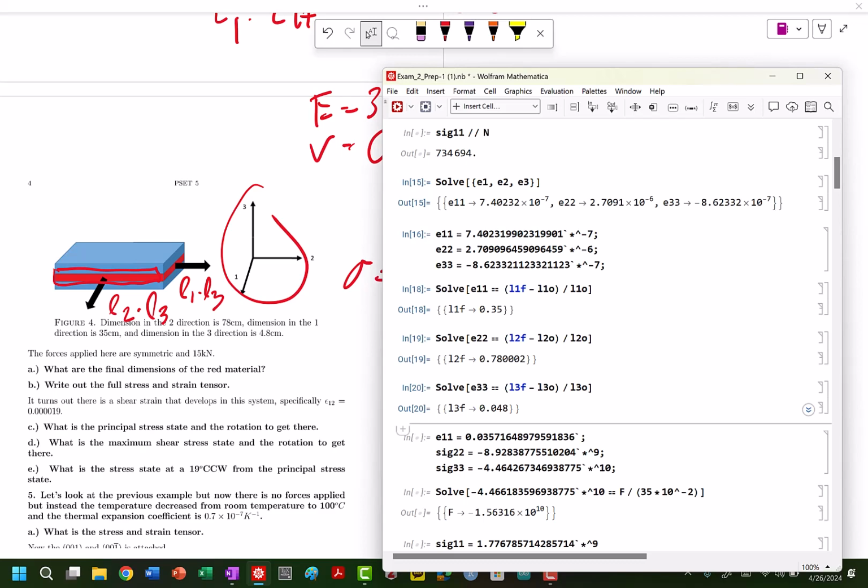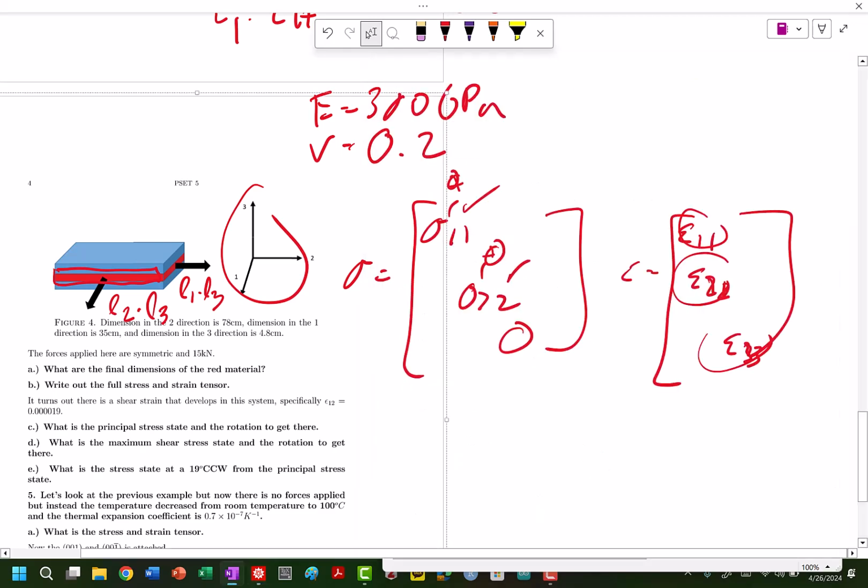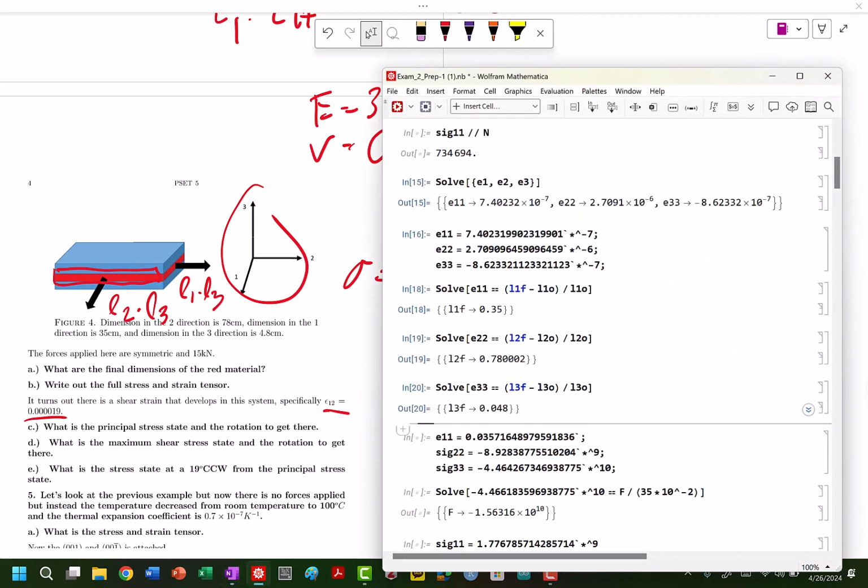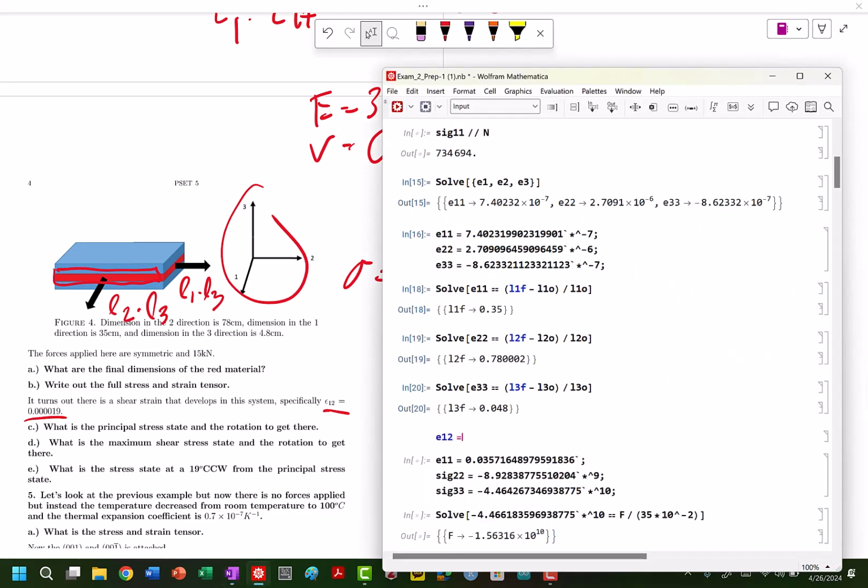Okay, so now we're told that suddenly there's a shear strain here. And then it's saying, okay, if there's a shear strain here, so now we have an epsilon 1,2. If we have a shear strain, we also have a shear stress. So E12 is equal to 0.123419.